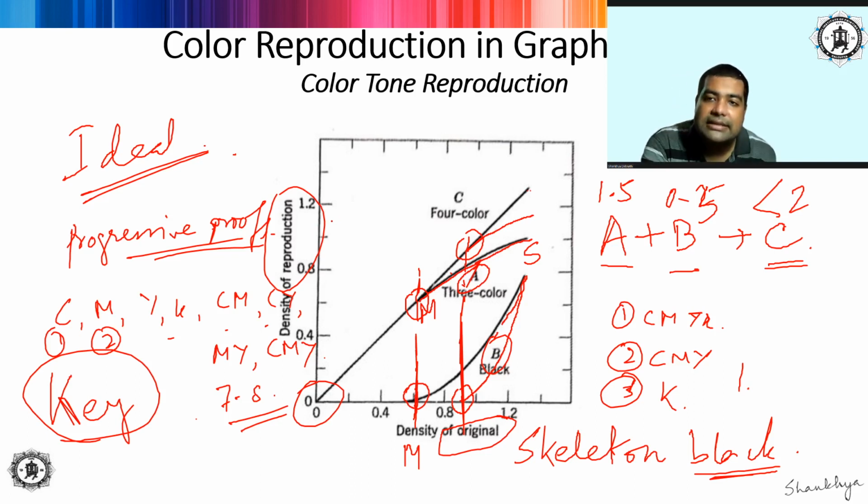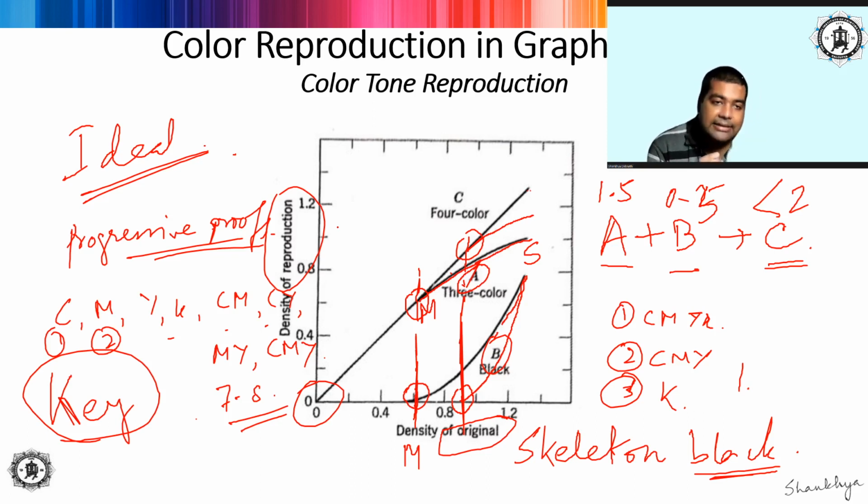The amount of black that is essential to be added to any print reproduction process is variable. It is not fixed. It depends on the nature of the three color reproduction. If the three color reproduction is very good, then we have to add black in only those areas where we need to compensate for those deficiencies.